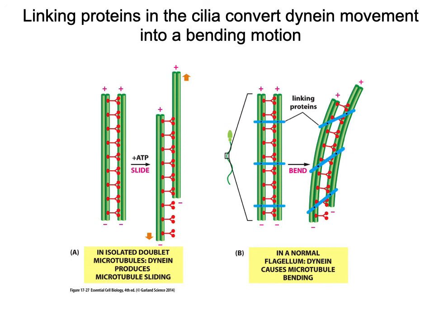And then as it tries to reset, it bends back. So it's the dynein with these linking proteins that allow for the cilia and the flagella to have their beating, their power stroke movement.